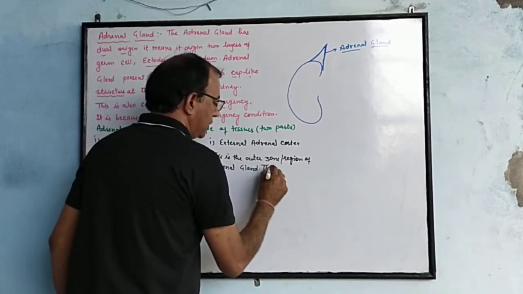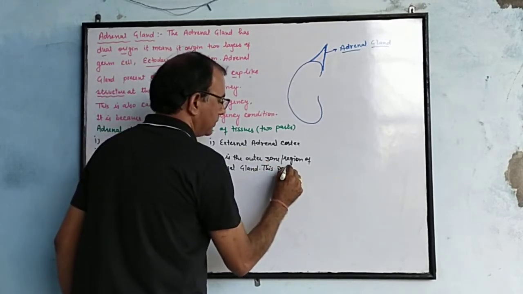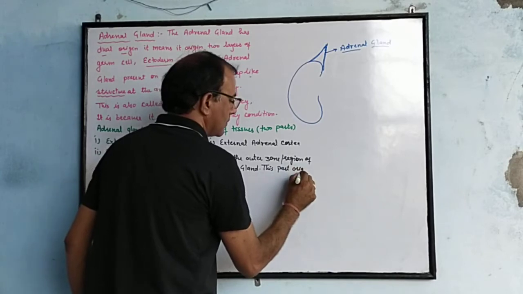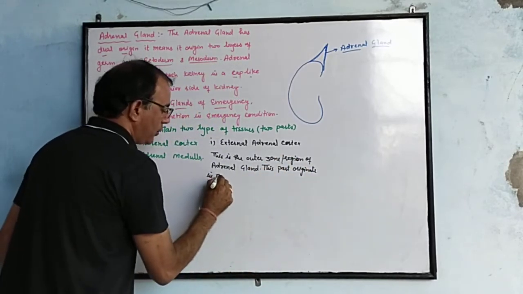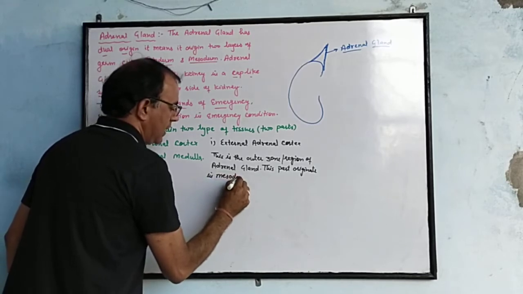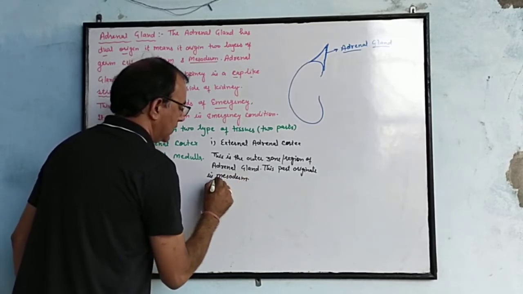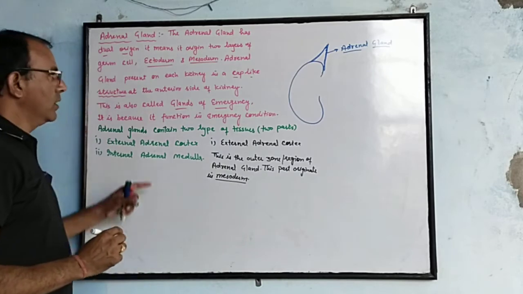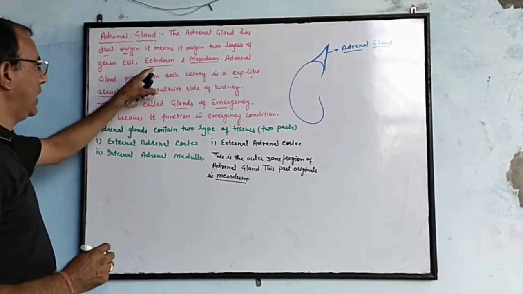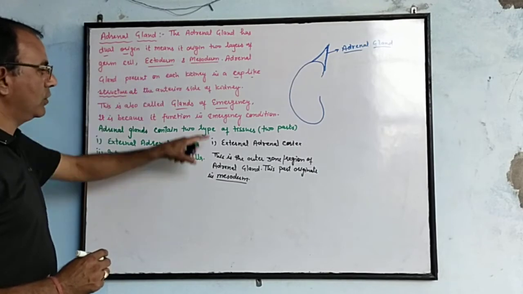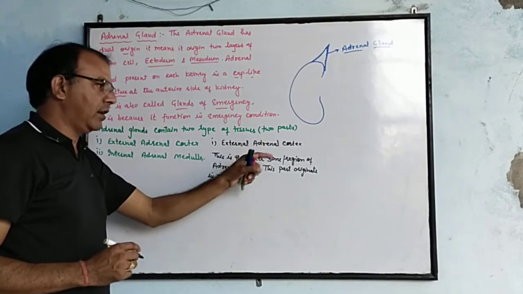This part originates in mesoderm. As we have already discussed, this is a composite gland which originates from two layers, mesoderm and ectoderm. Mesoderm originates the external adrenal cortex.